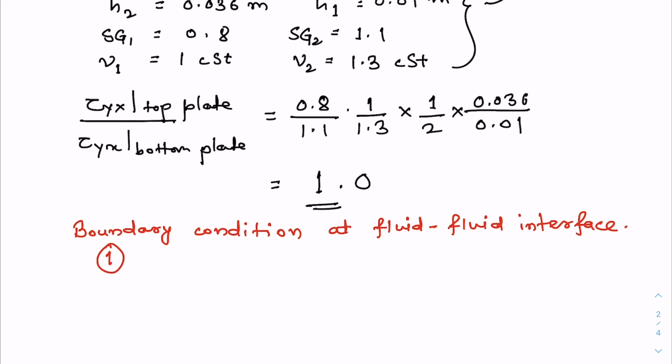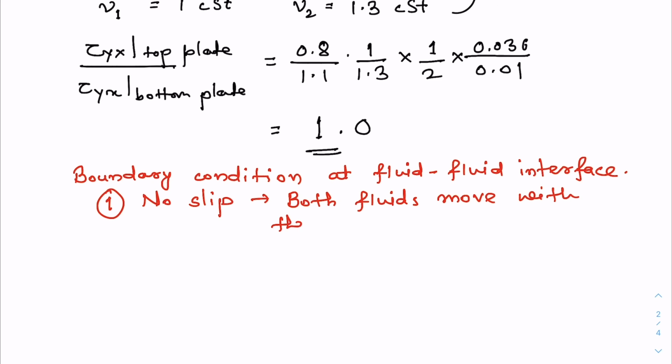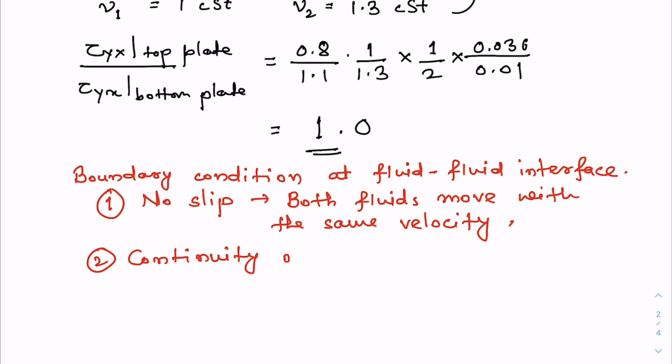One is the no-slip boundary condition. That means both fluids move with the same velocity. And the second is continuity of viscous shear stress.